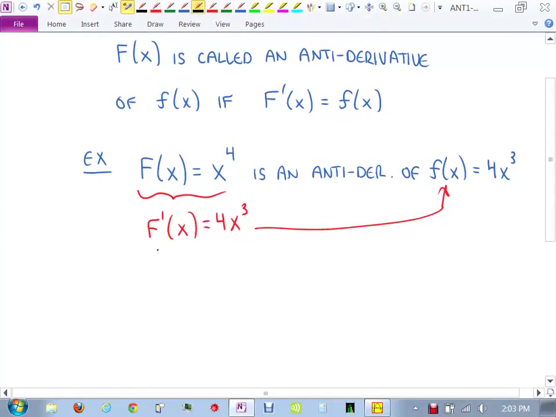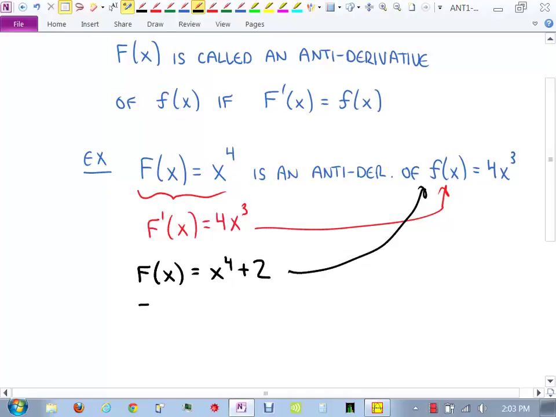Well, what about this then? Capital F of x equals x to the fourth plus 2. Is that an antiderivative of this? It is also, isn't it? Because when I take derivative of x to the fourth plus 2, derivative of 2 is 0, and that still gives me 4x cubed.